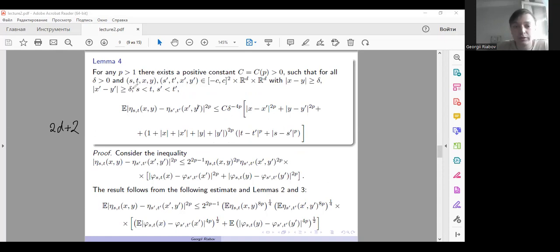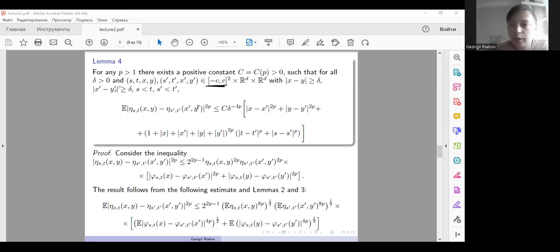So from the lemma, we will take p bigger than d plus 2 and deduce that eta is continuous in s, t, x, and y. First we will take the increment in arguments such that s, t belong to the segment from minus c to c, and x and y are separated by distance at least delta.